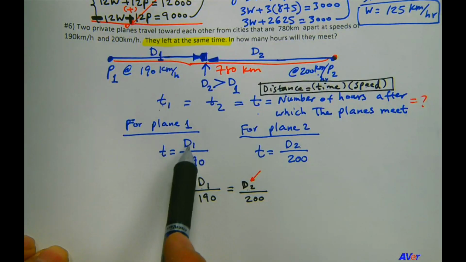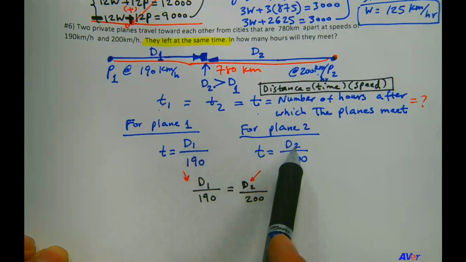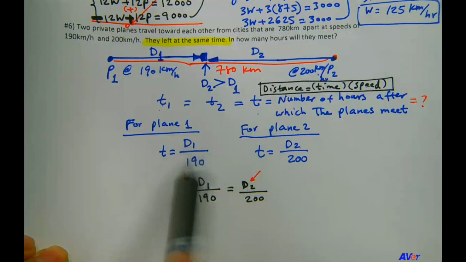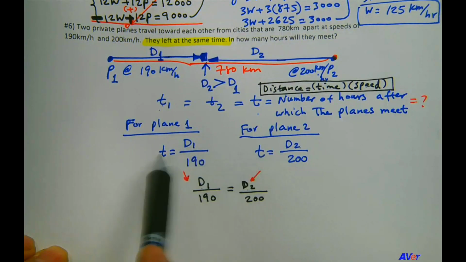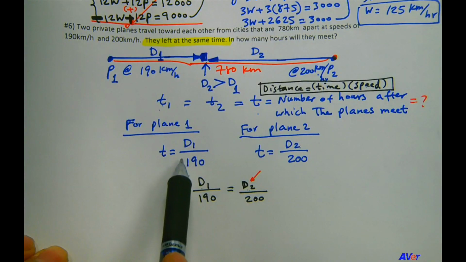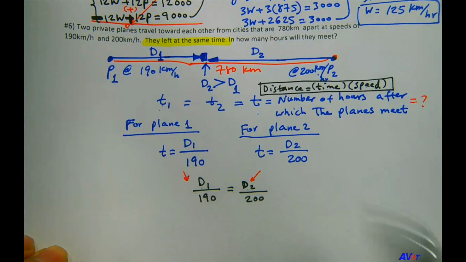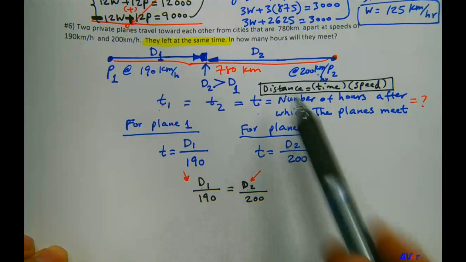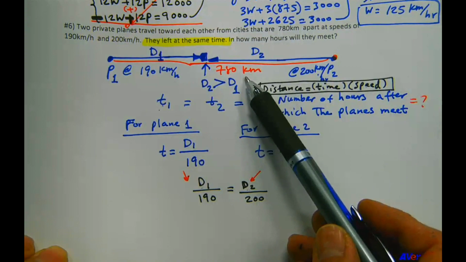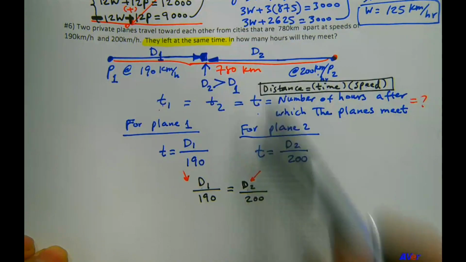So if we know either D1 or D2, we can plug it into these equations and solve for T, and T is going to be the same. So it makes no difference which, D1 or D2, we know. We only need one of these. Okay? So, fortunately, we know the total distance between the cities, so we can write one distance in terms of the other.